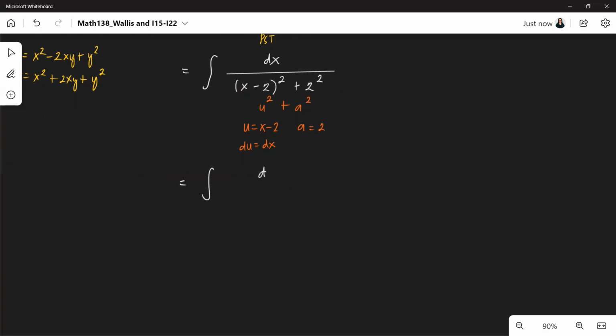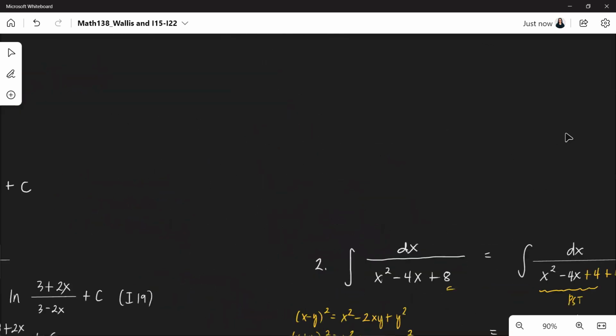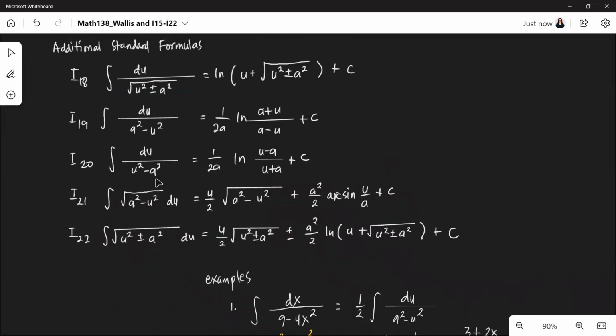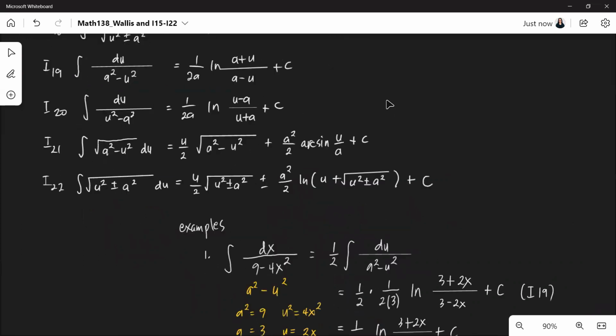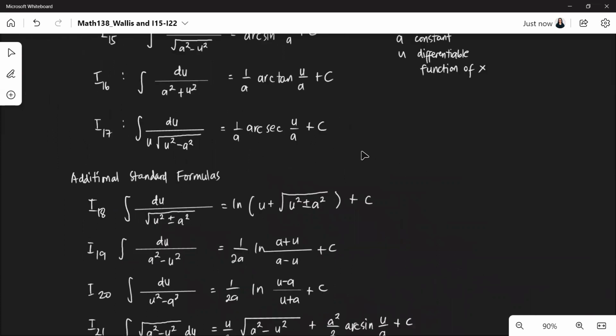It's in the form du over u squared plus a squared. That's I-16, the sum of a squared and u squared.